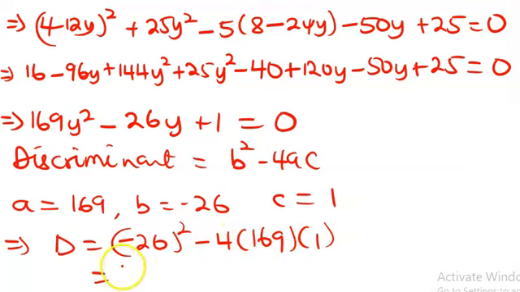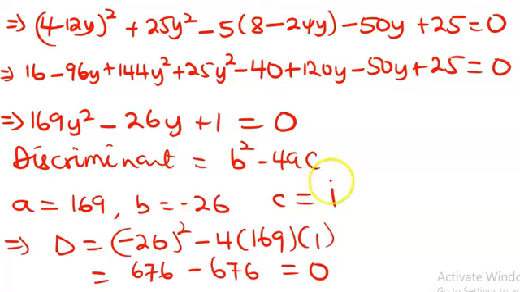So this is equal to 676 minus 676, and this is equal to 0. So if you have a quadratic equation and the discriminant is equal to 0, what it means is that the curve touches the axis at one point.